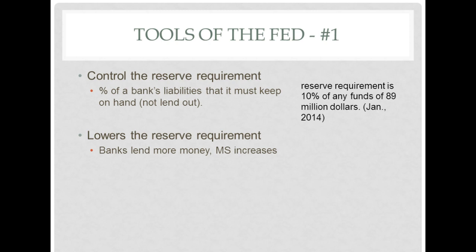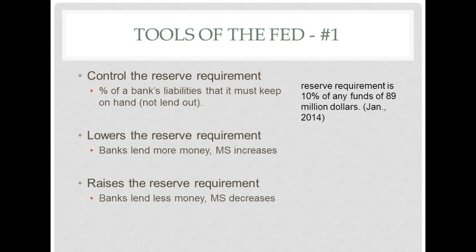So if the Fed went from 10 to 5% reserve requirement, now out of that $100, banks could lend more money to people, put more cash in their pockets, and therefore increase the money supply. Of course, the opposite is also true. If the Fed decided that it was going to be raising the reserve requirement, then banks could lend less money. So if they raised it from 10 to 15%, then the banks could only lend out 85% to put cash in people's pockets.